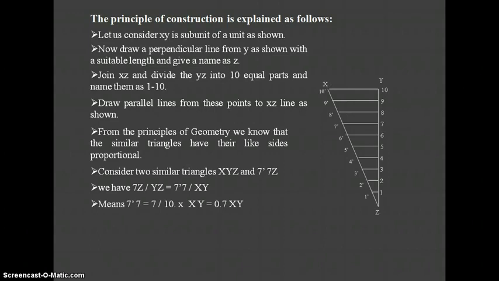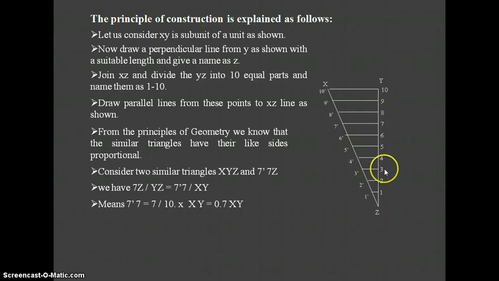So by this we can write 7'7 is equal to 7 by 10 into XY. Here XY we have taken to the left side. 7Z is considered as 7 units, and YZ is considered as 10 units, just like a dimension.